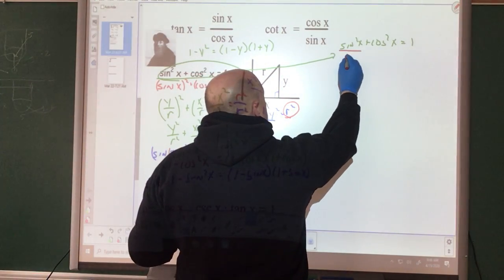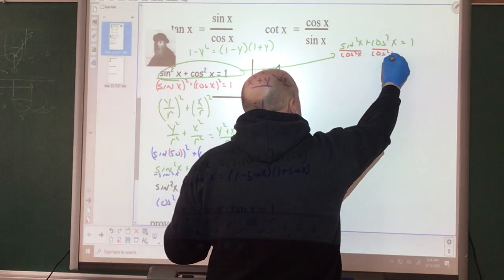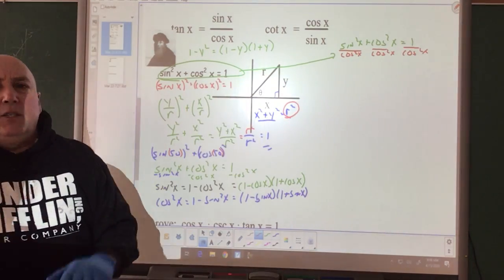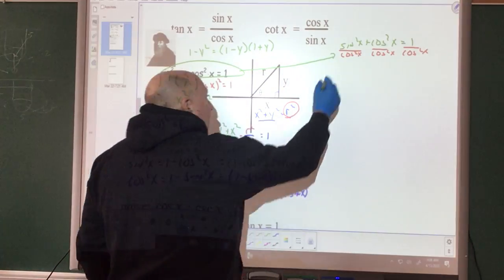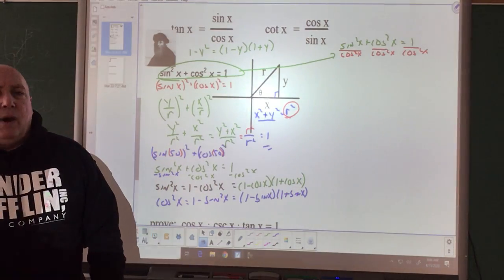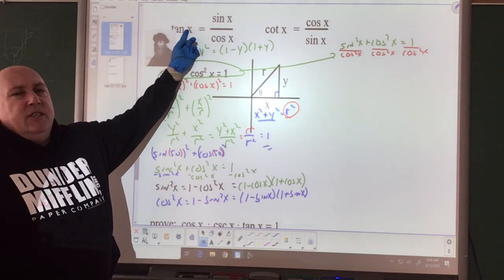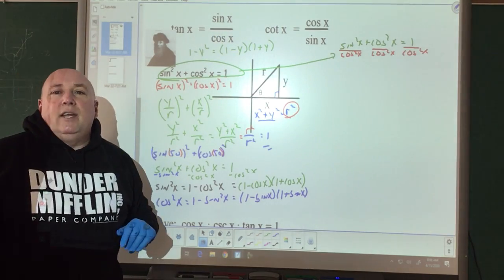If I would divide through everything by cosine squared, we have sine squared over cosine squared. Well, if we look back, sine over cosine is equal to tangent. So if I have sine squared over cosine squared, that's going to equal what?